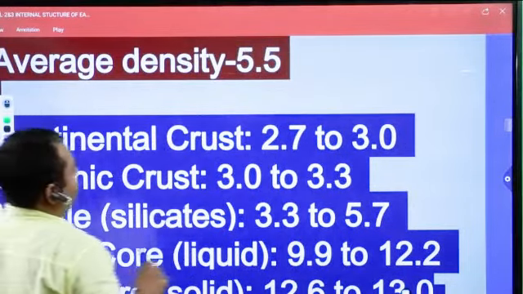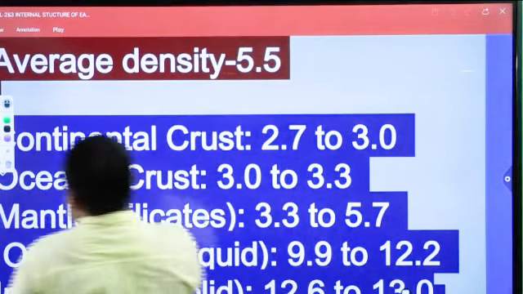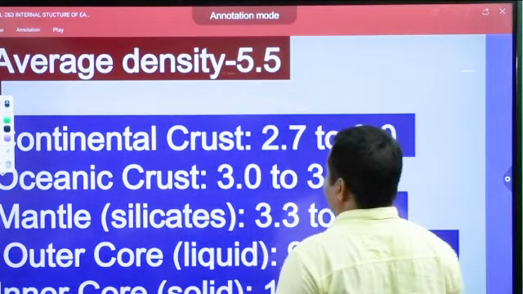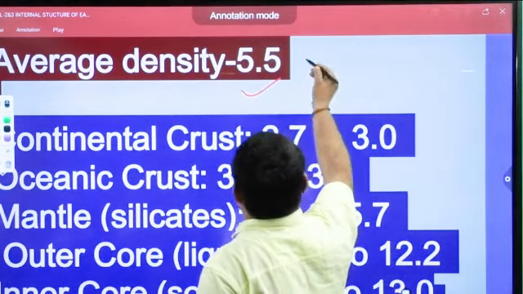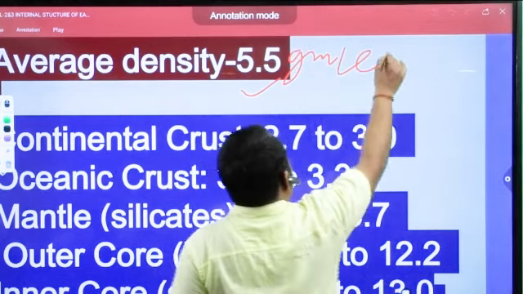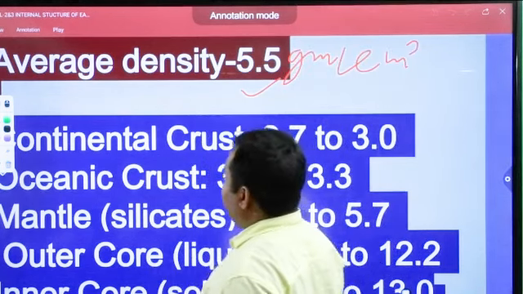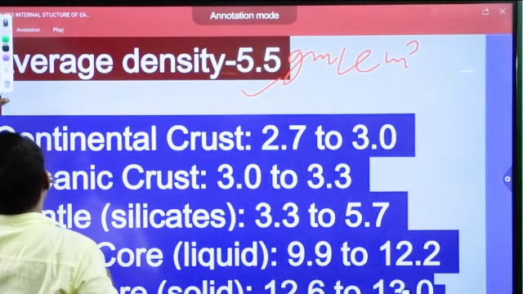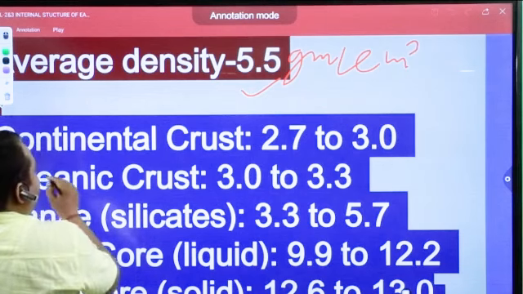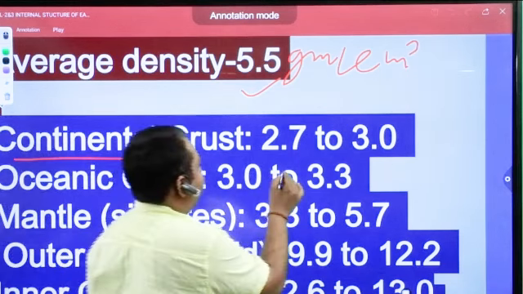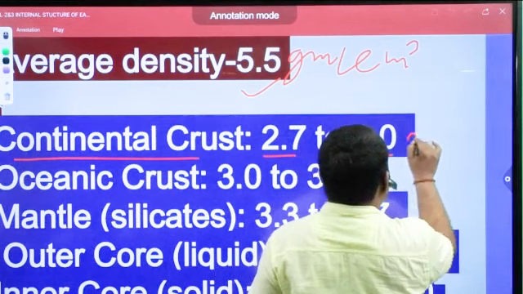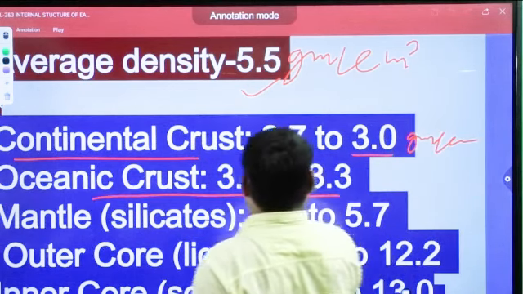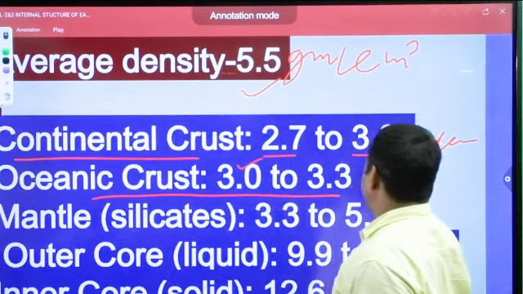The next point, we talk about the average density of the earth and densities of the different layers. Average density of earth is 5.5 gram per centimeter cube, right? The density of continental crust is 2.7 to 3 gram per centimeter cube, and oceanic crust is comparatively denser, around 3.0 to 3.3.